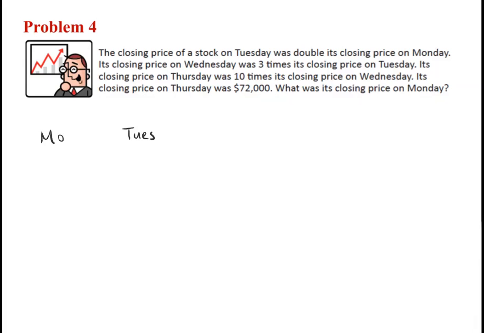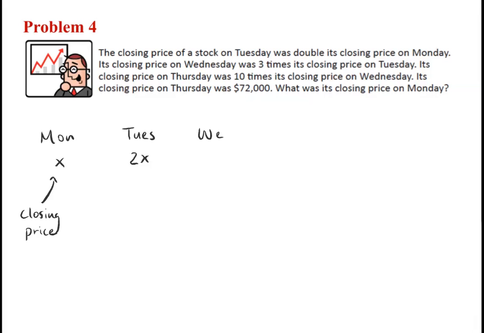So let's say that on Monday, the closing price of the stock was X. So that means that on Tuesday, the closing price will be 2X because it's double.